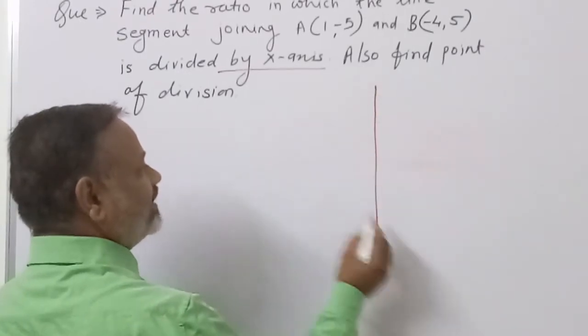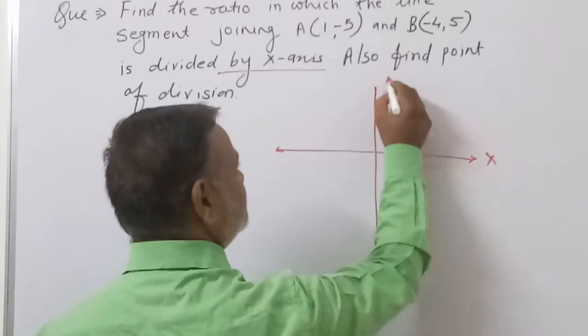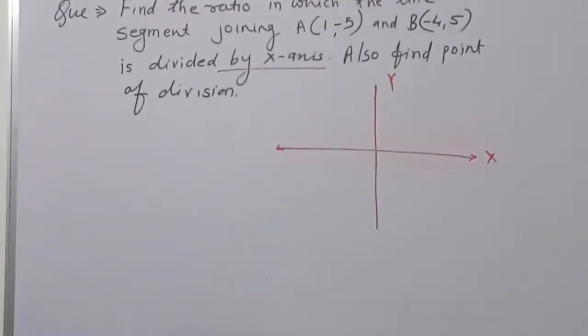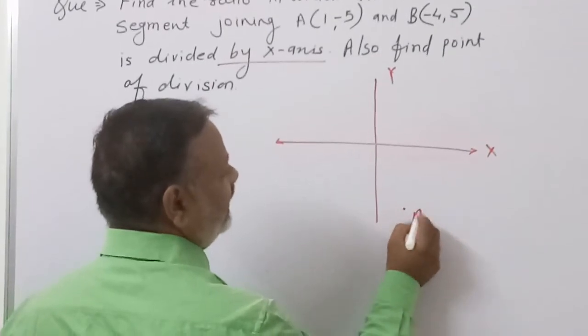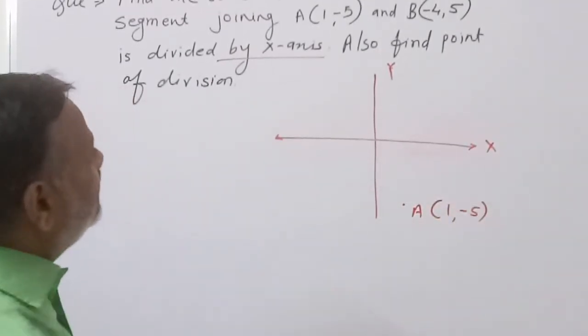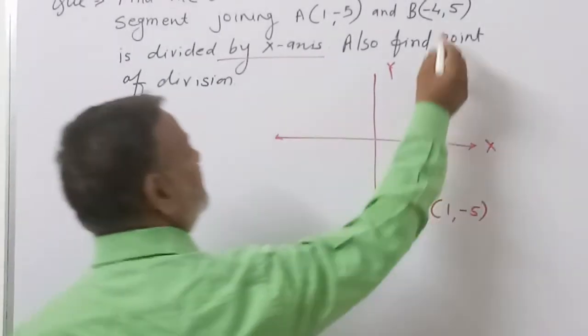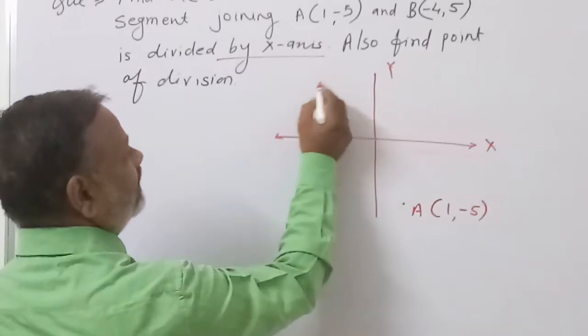This is your y axis and this is your x axis, ये x axis and this is y axis. A 1, -5 यहां पे रहेगा कहीं तो भी, A 1, -5 and B is the point -4, 5, तो B रहेगा यहां पे कहीं तो भी.